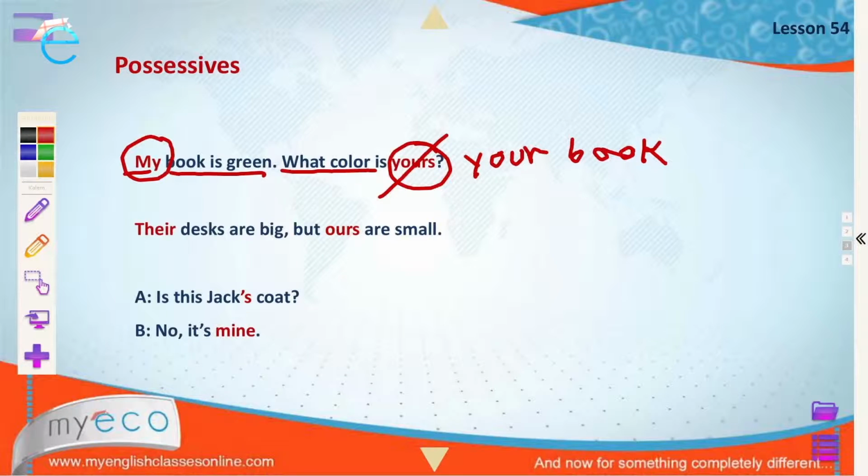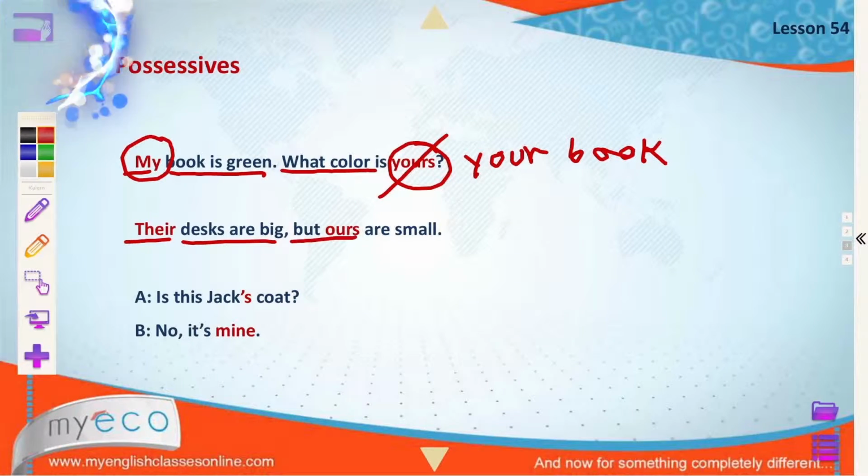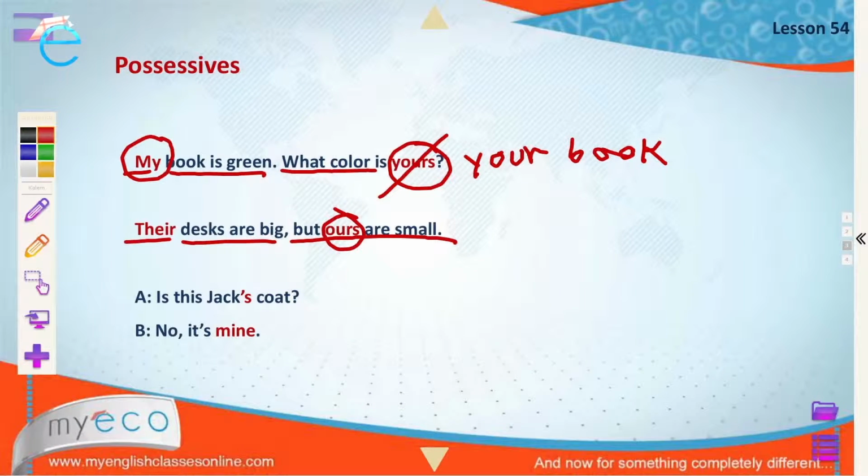So we can use what color is yours or what color is your book? Both are possible. Their desks are big, but ours are small. Ours. Is that Jack's coat? No, it's mine.